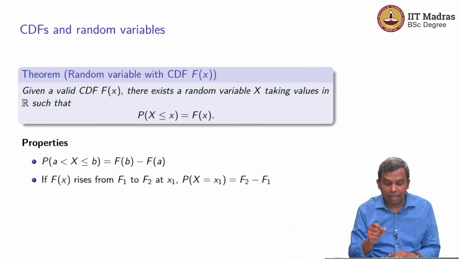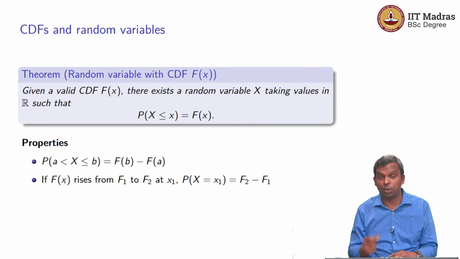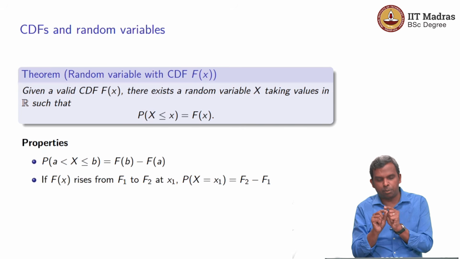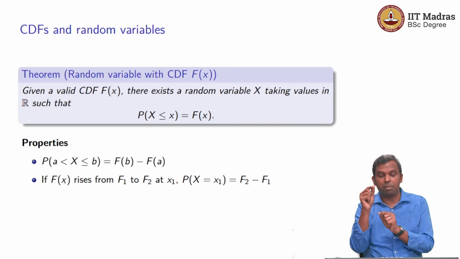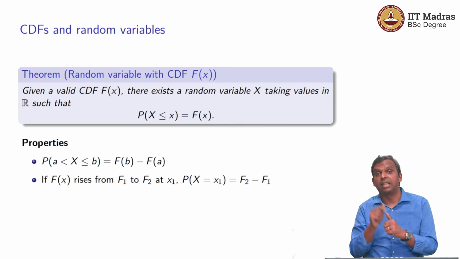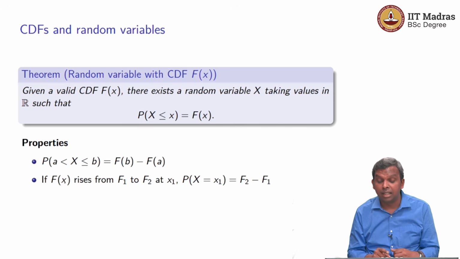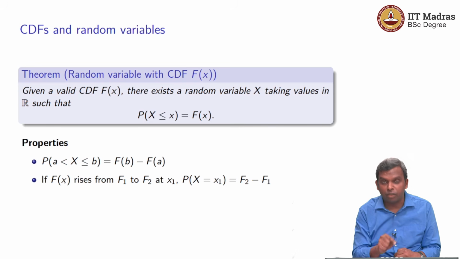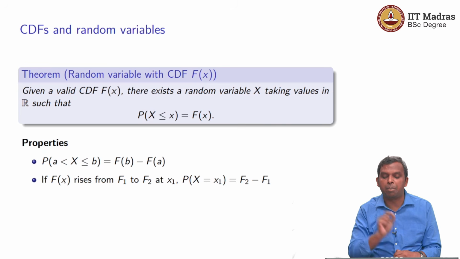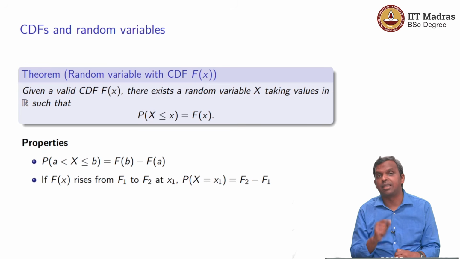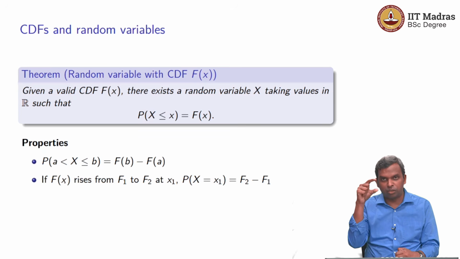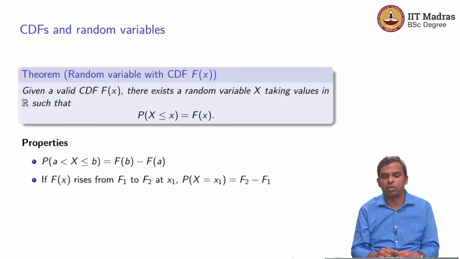Now, if the CDF that you drew rose at one particular point, x1, with a jump from F1 to F2, then the probability that X equals that value x1, the value at which the jump occurs, is F2 minus F1, just the width of the jump. I'll show you an example soon enough, you'll see what I mean.